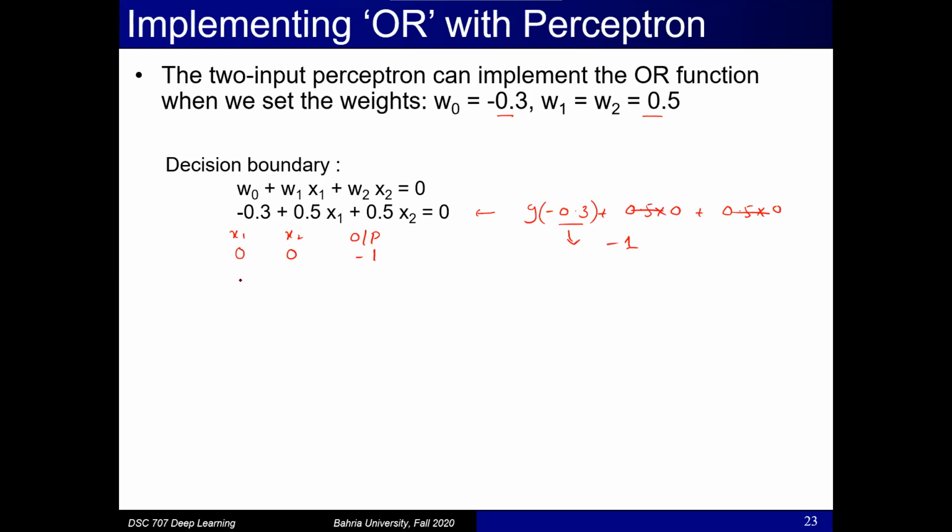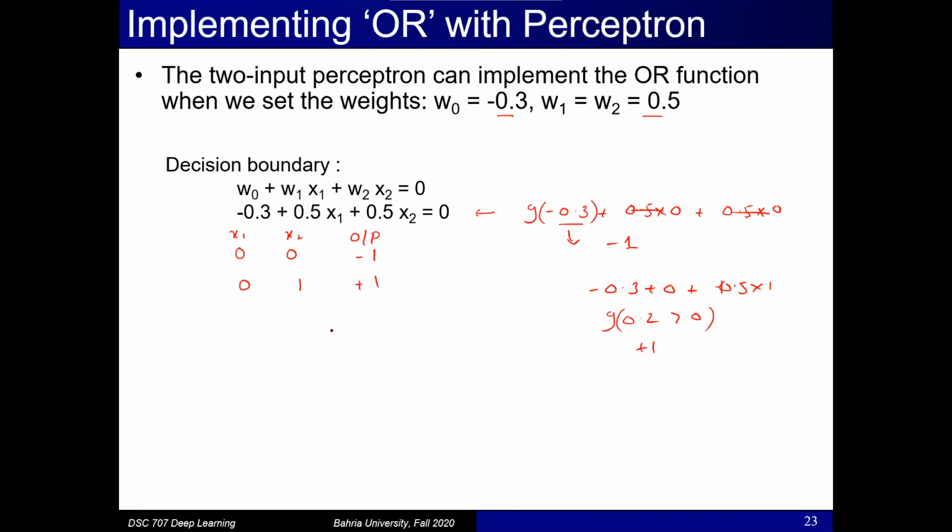Then I plug in the next combination, which is 0, 1. It would be -0.3 plus 0 plus 0.5 into 1. So it will give me 0.2, which is a positive value, and when I apply an activation function on that, it will give me a +1.